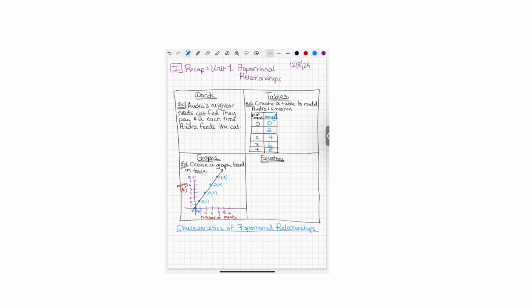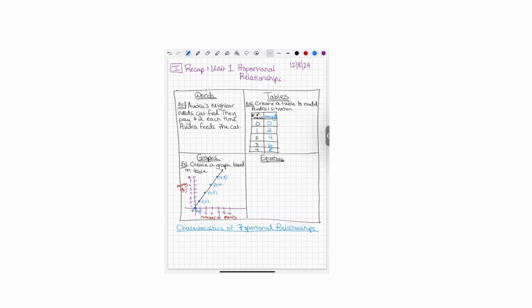Because as we talk about your graph, we want to write down these interesting and important characteristics. That's our goal. So we have characteristics of proportional relationships.